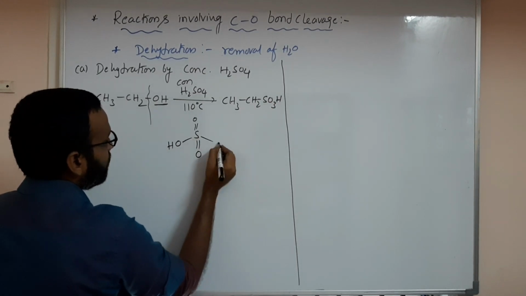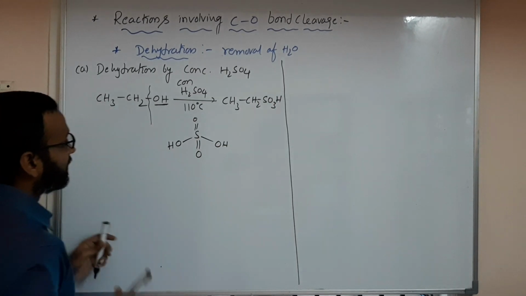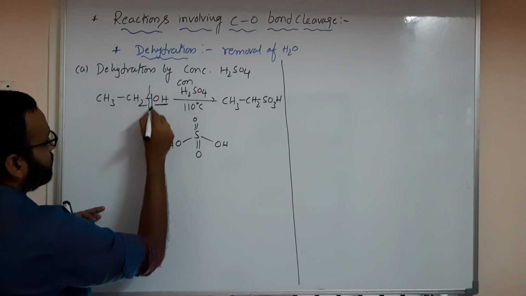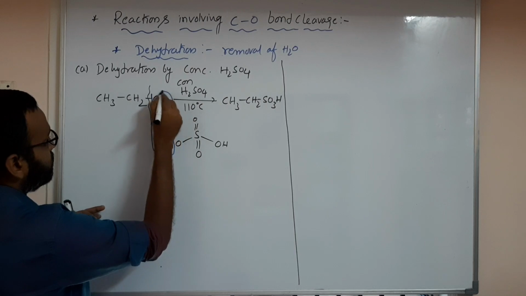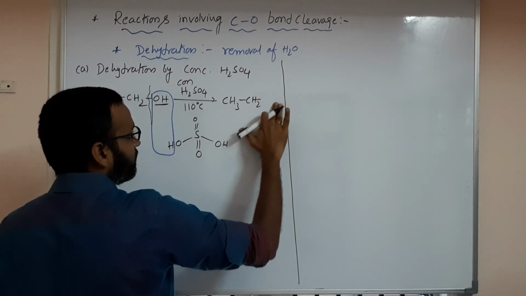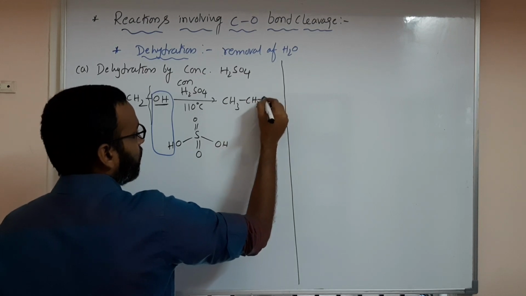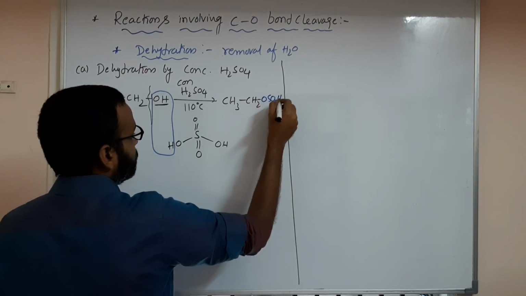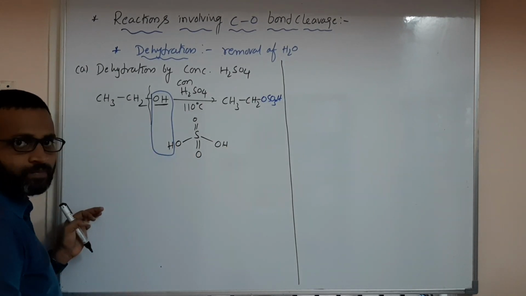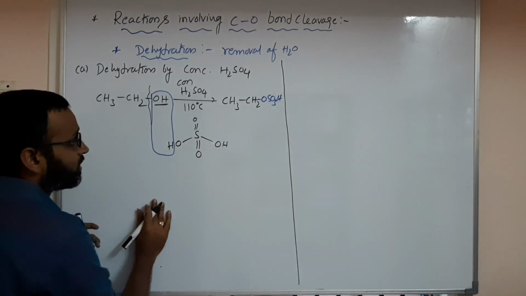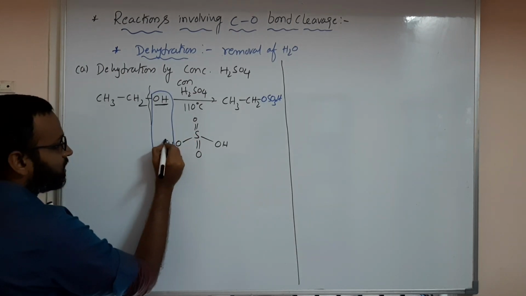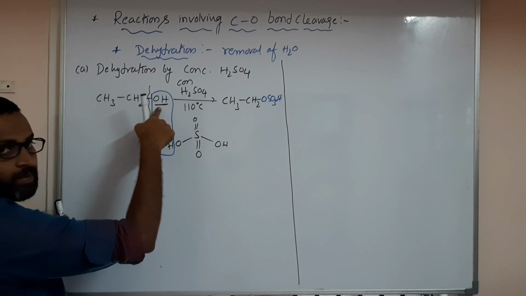So OH from here and H from here are removed like this. That means here you have O SO3H, so one oxygen is forming a bond here, at 110 degrees Celsius. H plus is removed from here and OH from here.